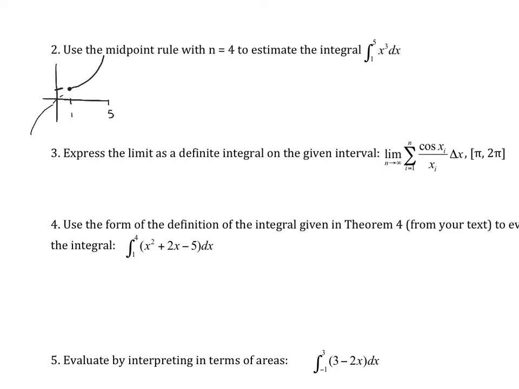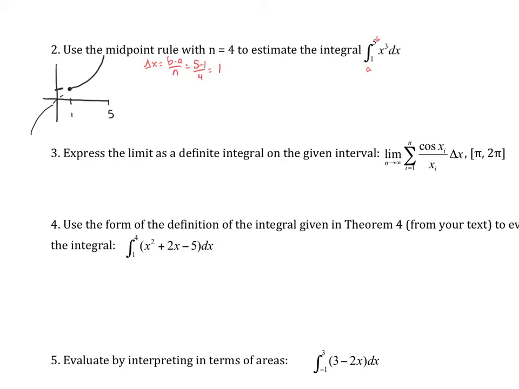But now I'm using midpoints, so these values are all going to be midpoints, and I know n is 4, and I'm going from a to b right there. So my delta x is going to be b minus a over n. So that's 5 minus 1 over 4, which gives me 1.